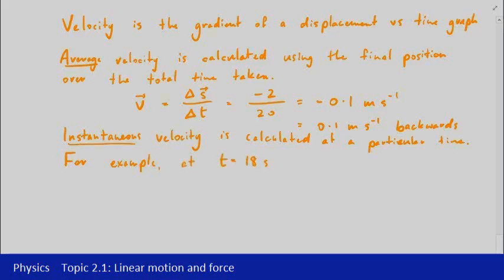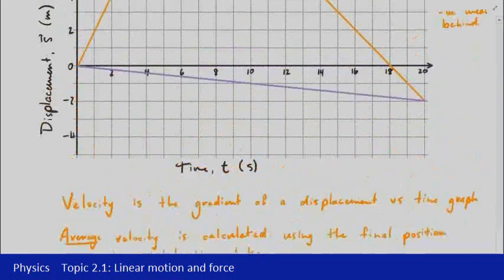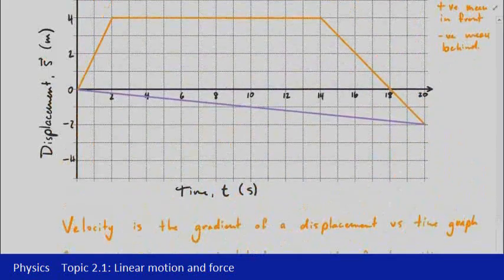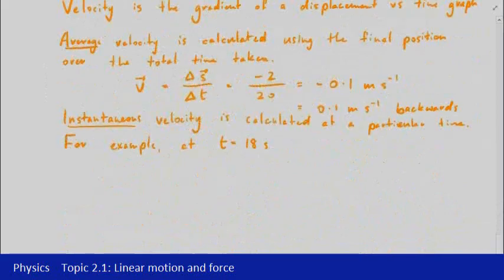If we go back to the graph again and have a look at the point at 18 seconds, we're now dealing with this point here, and again we'd use the endpoints of that line segment there and there. So the first point there is 14 seconds, 4 meters, and the last point is 20 seconds with -2 meters. So they'd be the coordinates that we would use to calculate the instantaneous velocity at 18 seconds.